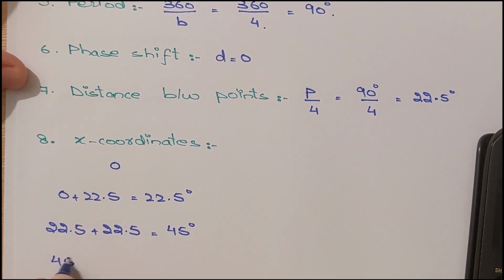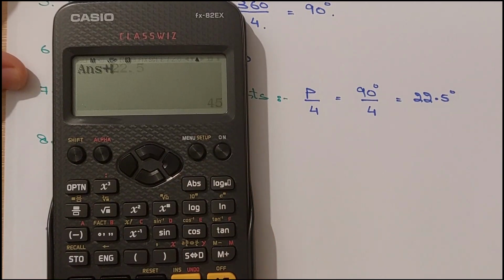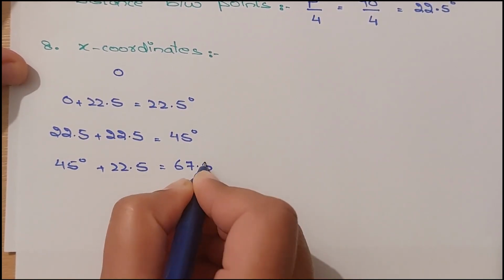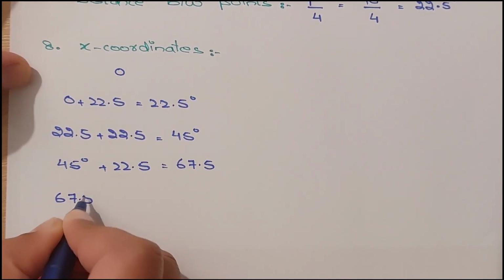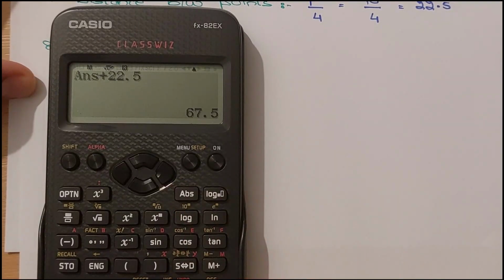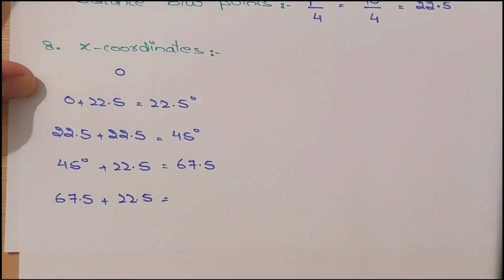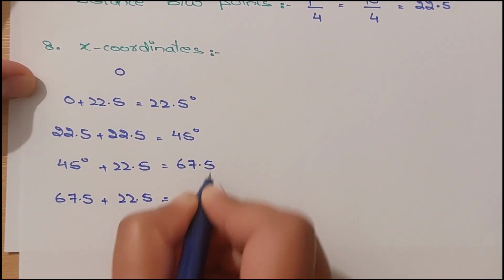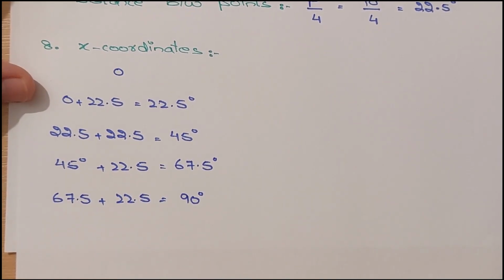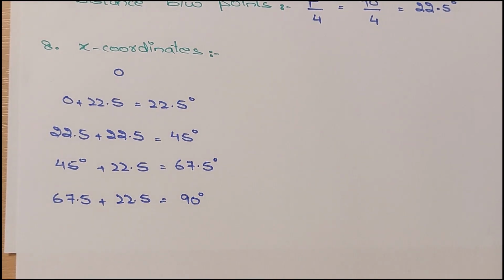In 45, again adding 22.5, this is 67.5. In 67.5 we add 22.5, 90 degrees. We have to stop at 90 because our domain is between minus 90 and plus 90. And for the negative, it has the same answer, the points, because it is a sinusoidal function.